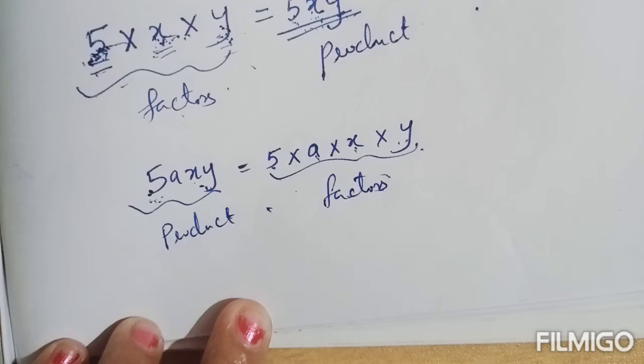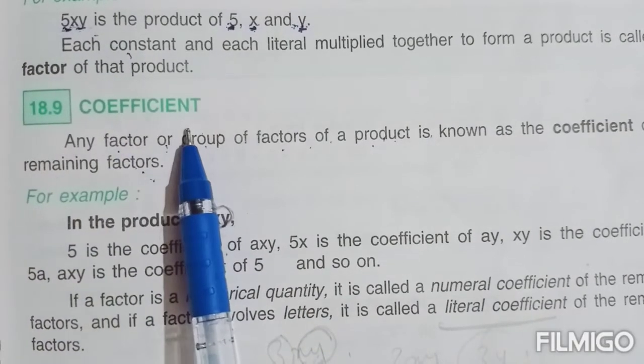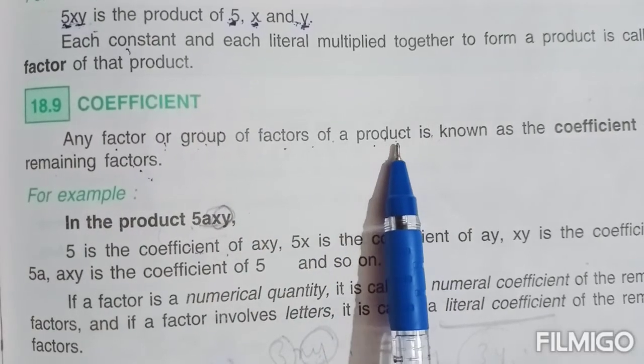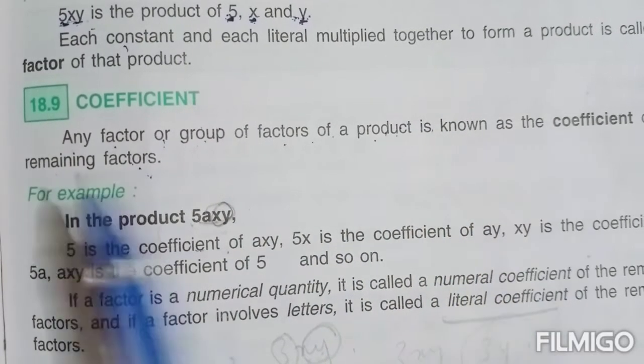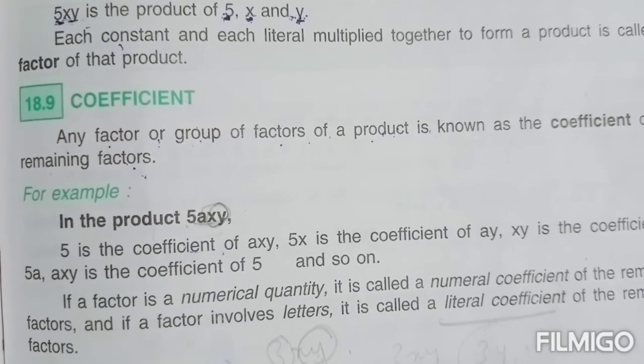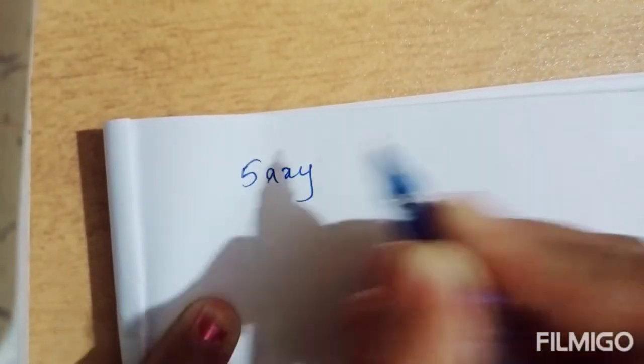Next topic, coefficient. Any factor or group of factors of a product is known as the coefficient of the remaining factors. Let us understand what is coefficient through an example. One product we are taking, 5axy.